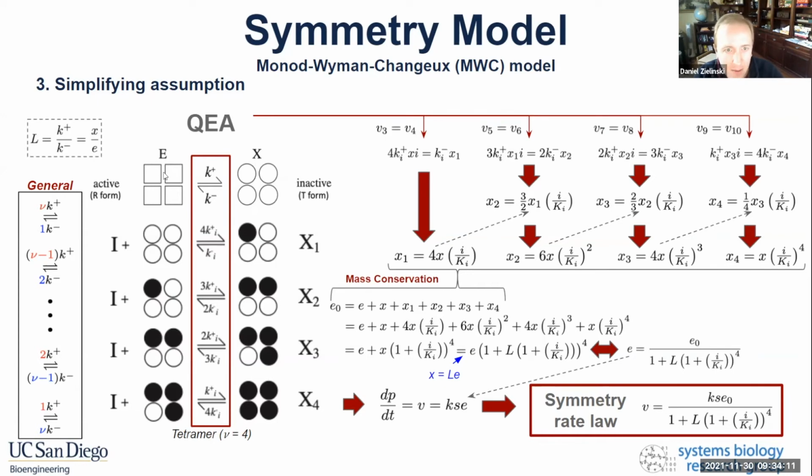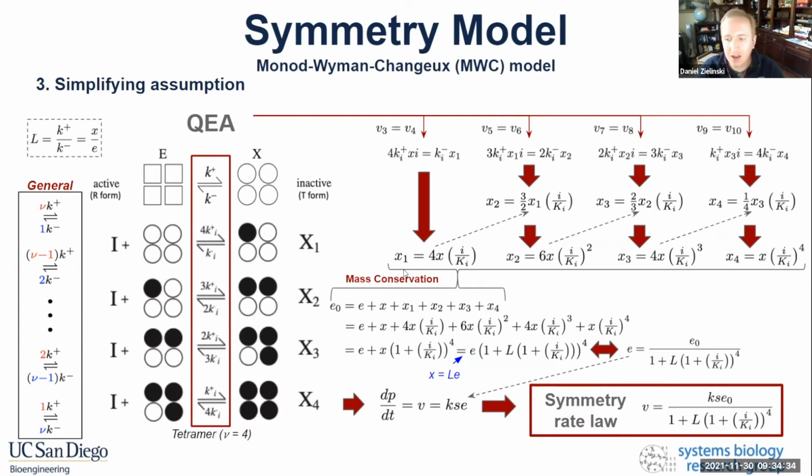So like an inherent preference for one form versus the other. It has a KI, which is the binding constant for the inhibitor. And then it has a coefficient that creates this sigmoidal shape, which has to do with how many multimers you have. So in this case, we have 4.